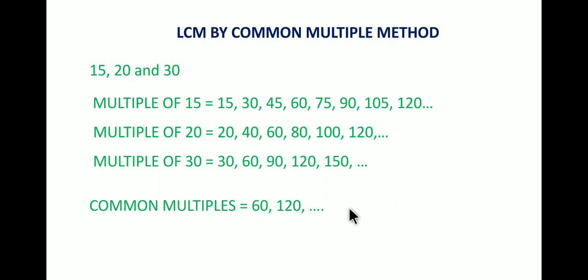So out of these common multiples, the lowest one is 60. So the lowest common multiple or simply the LCM of these three numbers is equal to 60. This means that 60 is the lowest number which can be divided by all these given numbers 15, 20 and 30 without leaving any remainder.